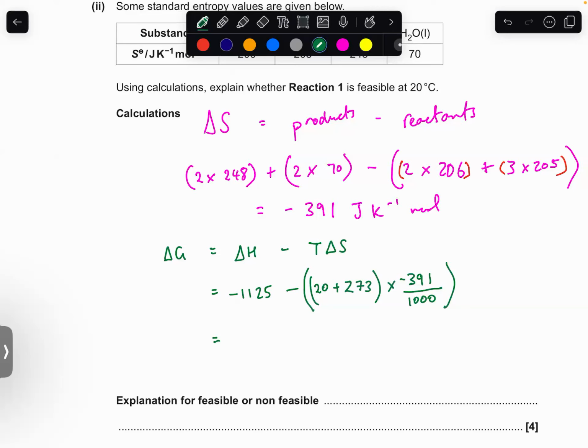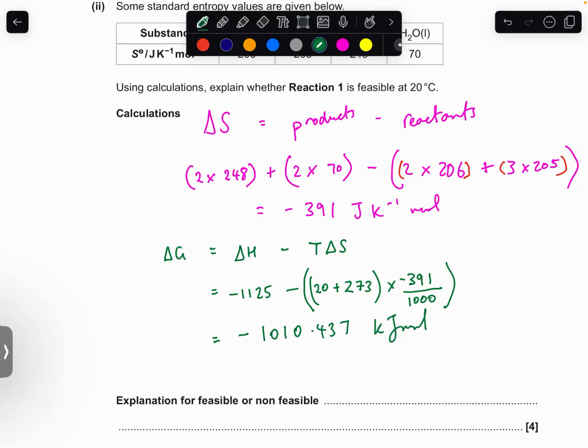I've got here minus 1010.437. So, minimum 3 significant figures, up to calculator value. We'll leave it at that.